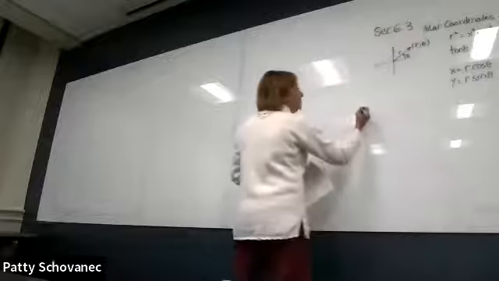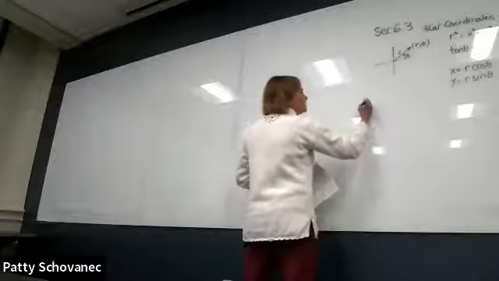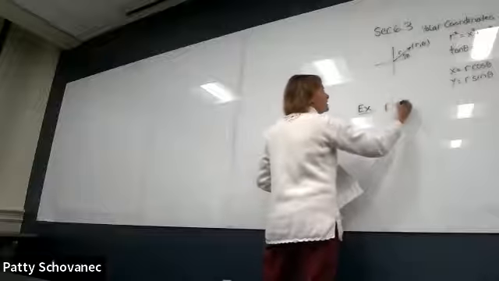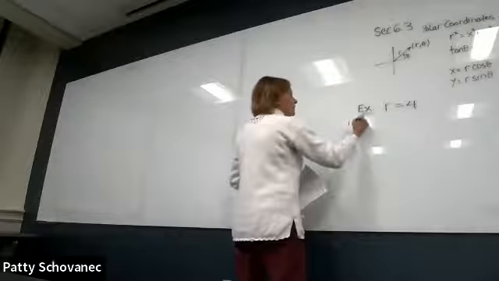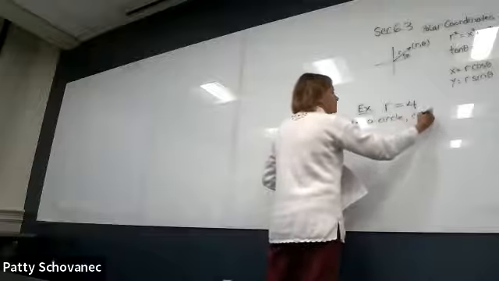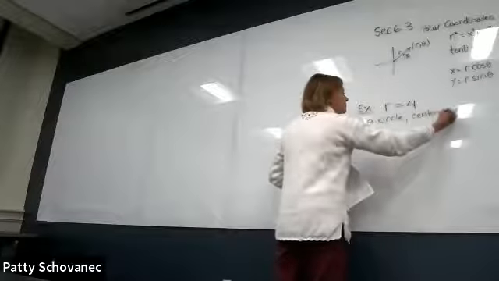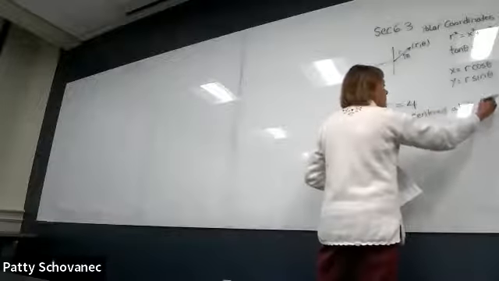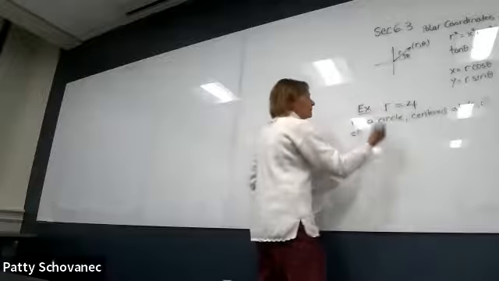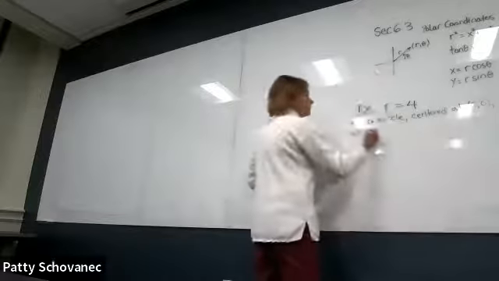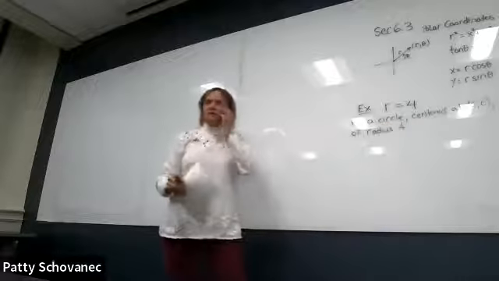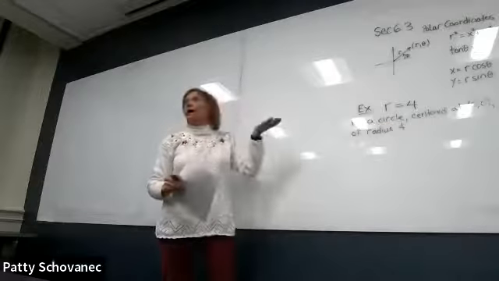So from last time, we said that an equation of the form r is equal to 4 is a circle centered at the origin of radius 4. I can show you that this is true simply by squaring both sides.